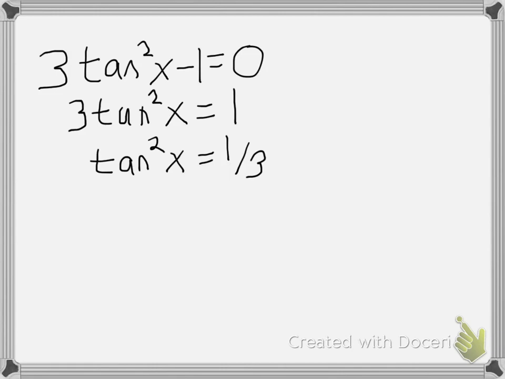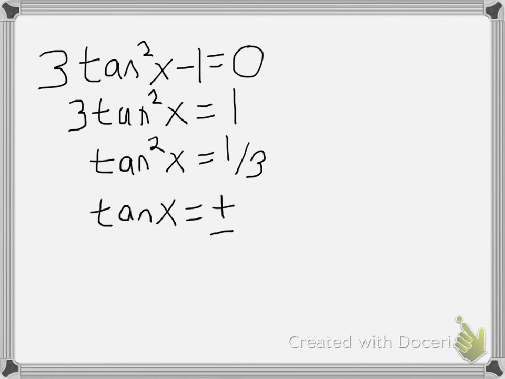Well, how do you get rid of something squared, guys? You take the square root. What happens when you take the square root? Well, on the left-hand side, you're just going to get the tangent of x, which is what you want. However, on the right-hand side, you must, and I repeat must, remember that there is both a positive and a negative root here.